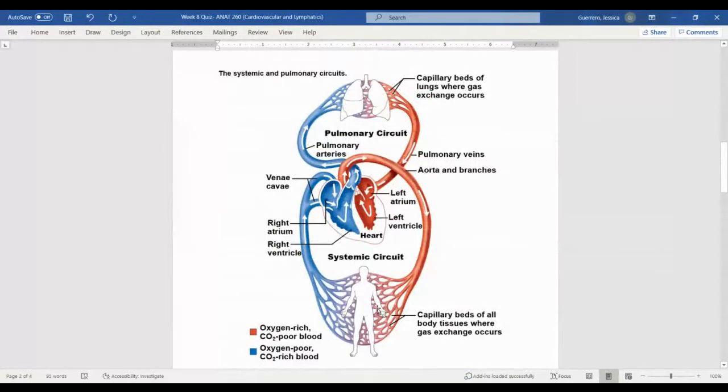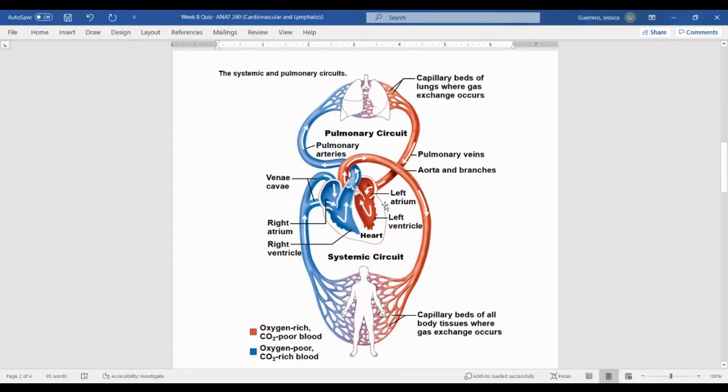Everything in red is oxygen rich. Everything in blue is oxygen poor. So it could be an artery or vein, but by definition, arteries are traveling away from the heart, veins travel towards the heart. So it's incorrect to believe that if it's red, it's an artery, because it doesn't necessarily have to be, okay?